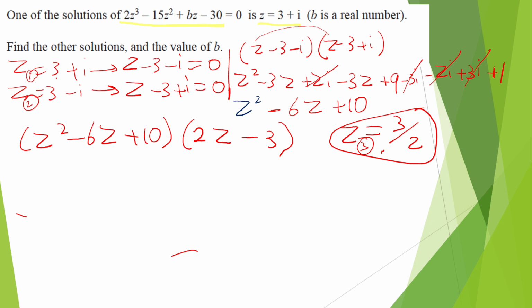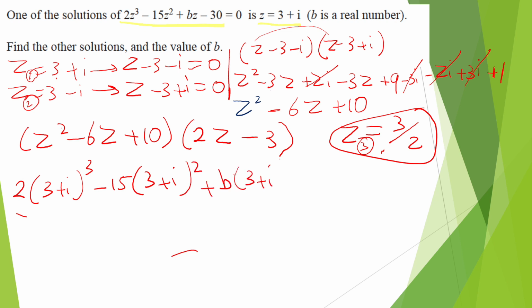If you substitute the 3 plus i in here and solve, you will get the value of b. So if I substitute those three terms, you can enter them straight away in the calculator, and that would give you the answer.